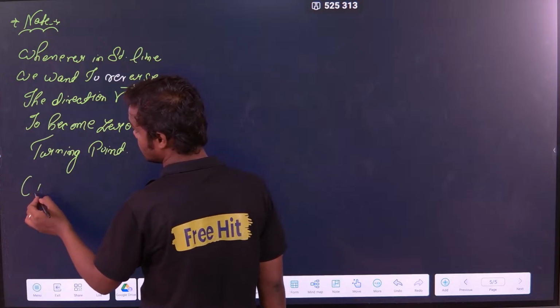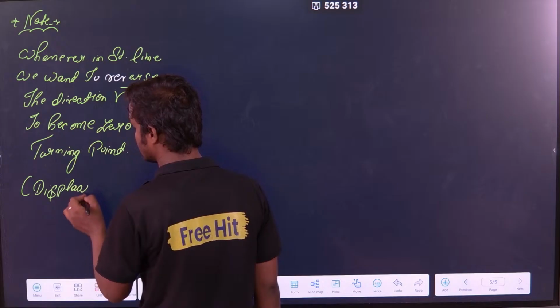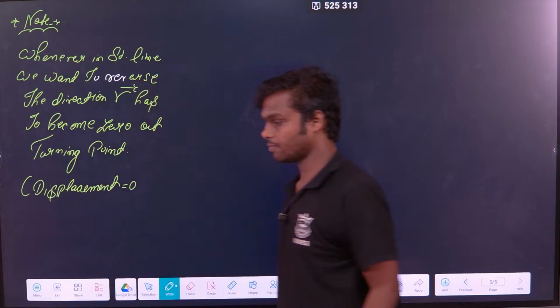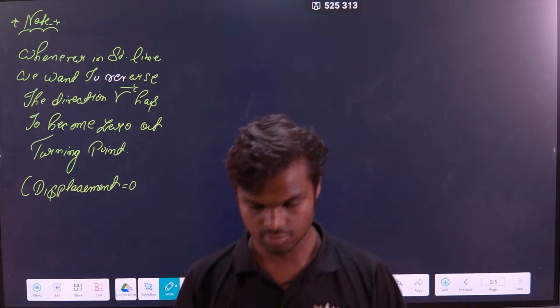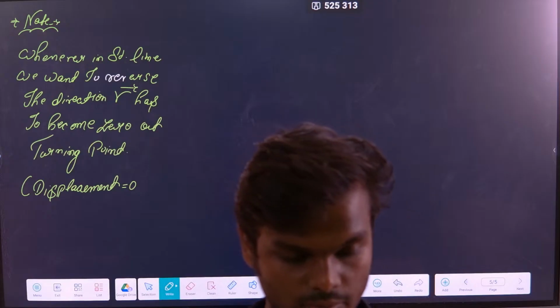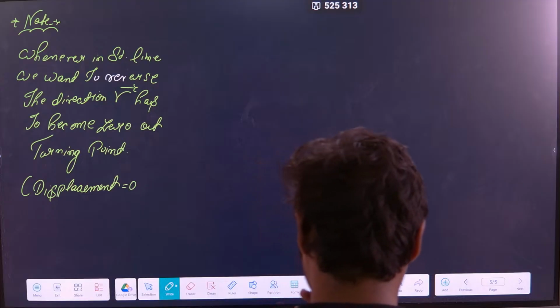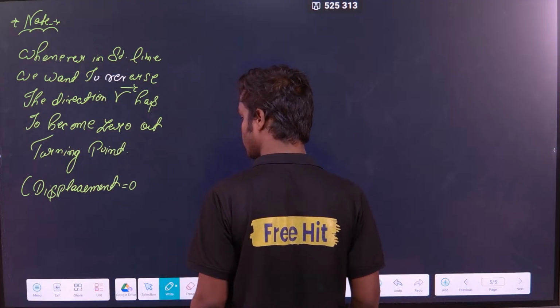So I can say that in that case my displacement may become 0, can be 0. Why? See, I am moving like this. I came here, stop. My velocity at this instant will become 0. Then I turn, and then I am moving like this. Now my velocity is negative.